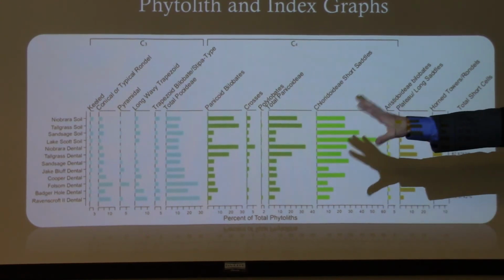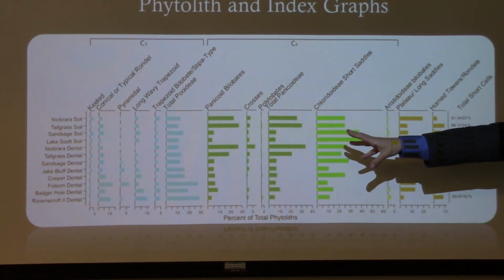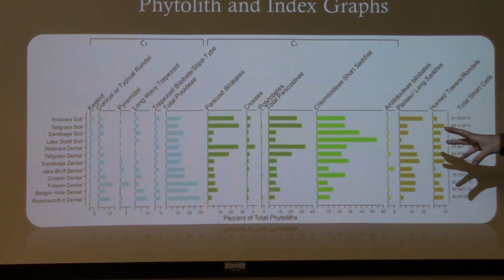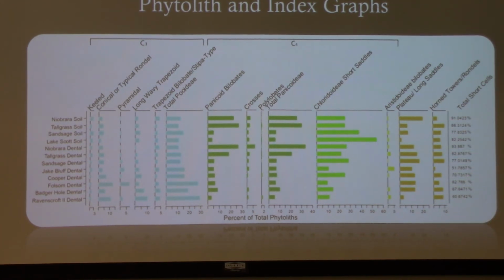The Pooidae phytoliths are in the blue, the Panicoidae phytoliths are in the dark green, the Chloridoideae phytoliths are in the light green, and the Aristidoideae phytoliths, I had very few of them. The maximum total was, I think, less than 5%, and these are in the yellow. I then have some of my non-diagnostic short cells in the orange.